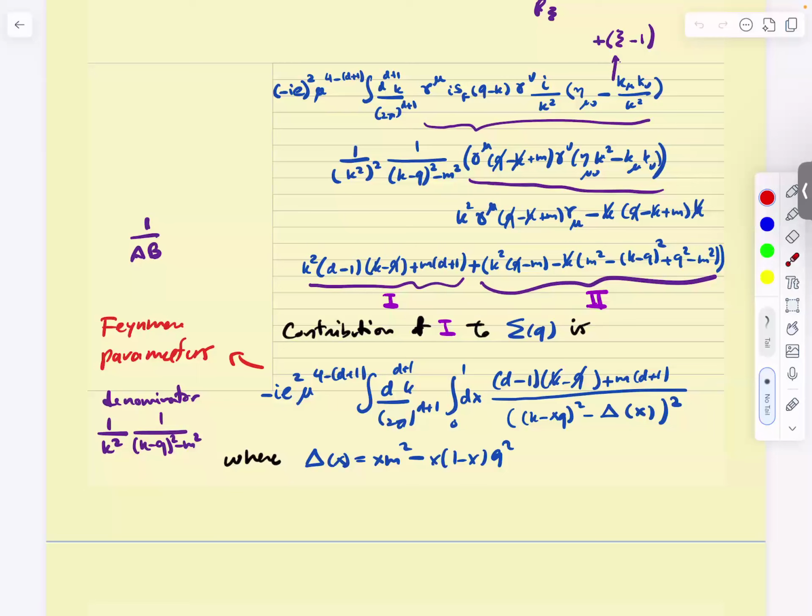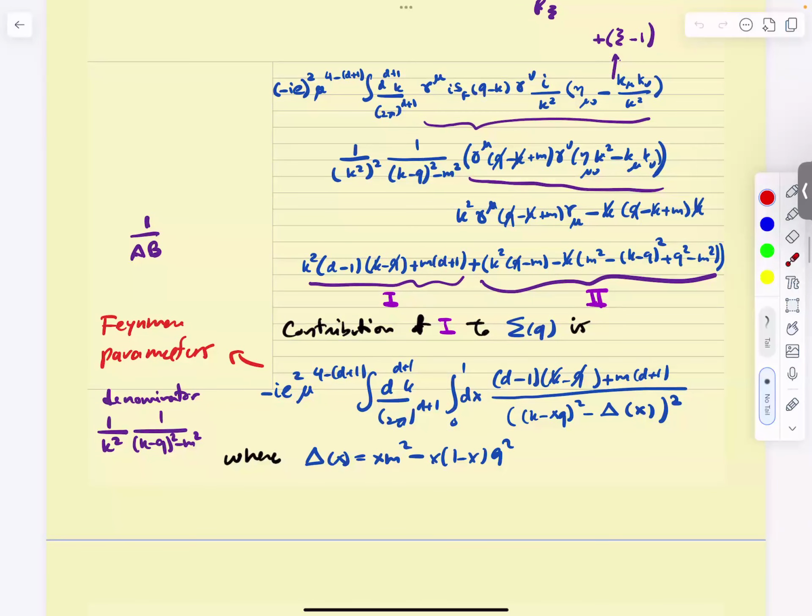But notice that in the third line, when I use my trace technology, because there are gamma matrices in d plus 1 dimensions, I have these factors of d minus 1 coming out. Right?